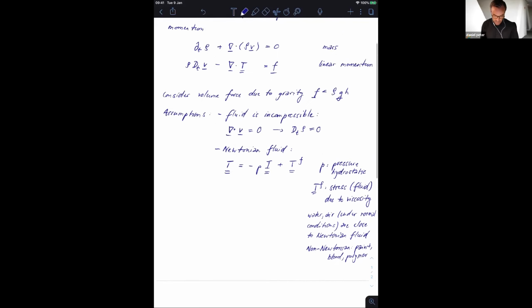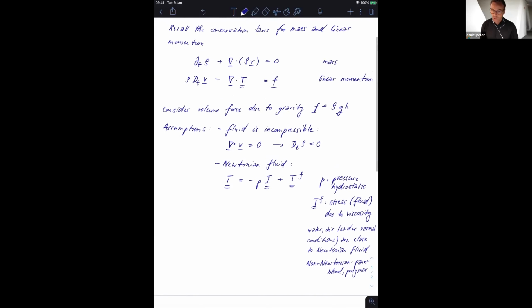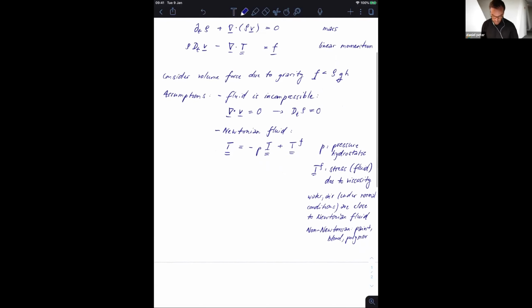So let's come back to our assumptions. With these two assumptions, that the fluid is incompressible and Newtonian, what we find are the so-called Navier-Stokes equations, which are the main equations in fluid dynamics.